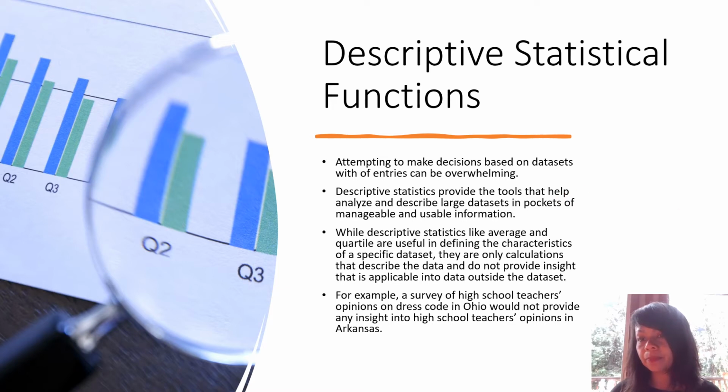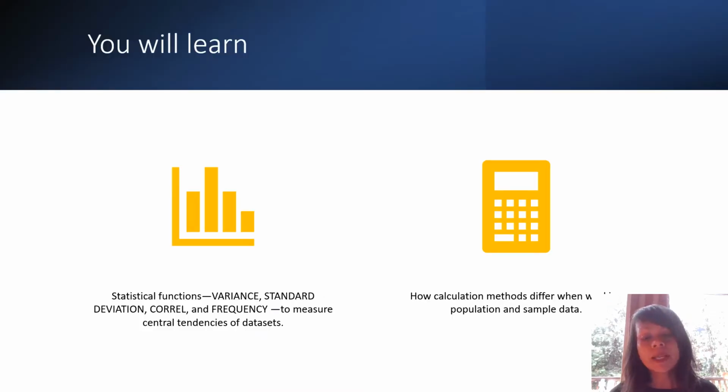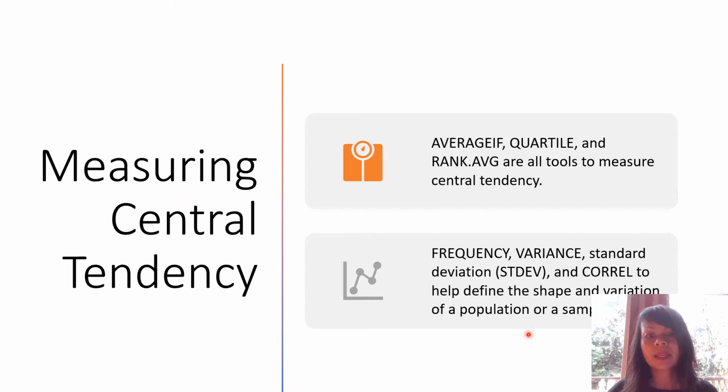Okay, so next we're going to learn about statistical functions like variance, standard deviation, correlation, and frequencies to measure the central tendencies of data sets. We're going to learn about how calculation methods differ when you're dealing with population and sample data.